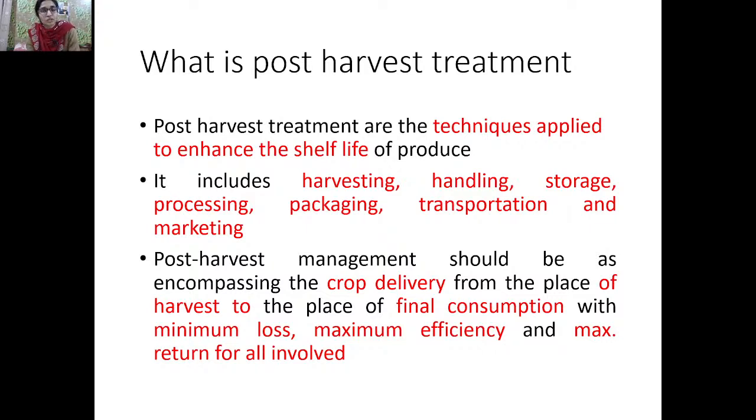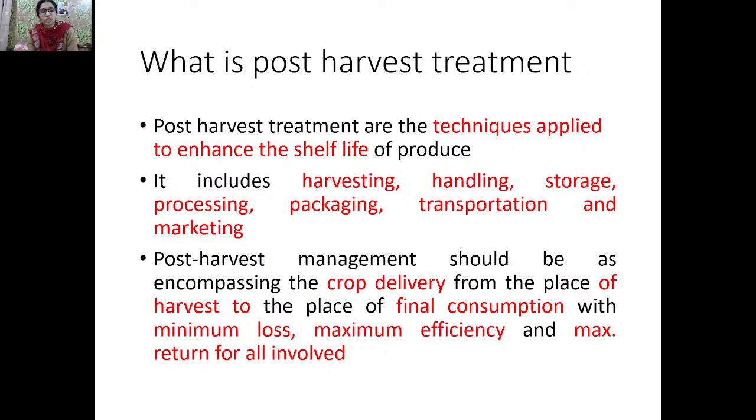For this, post-harvest treatment is particularly used in reference to horticultural produce. And the post-harvest treatments include harvesting, handling, then storage, then taking it to the processing table, packaging, transportation, and then marketing.